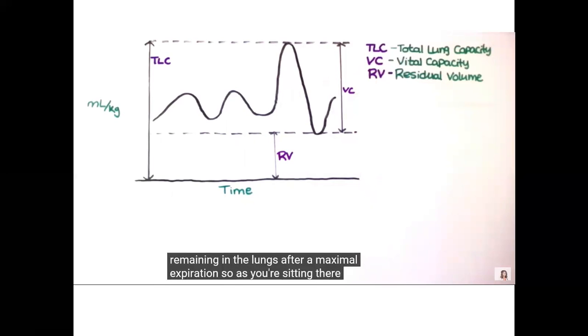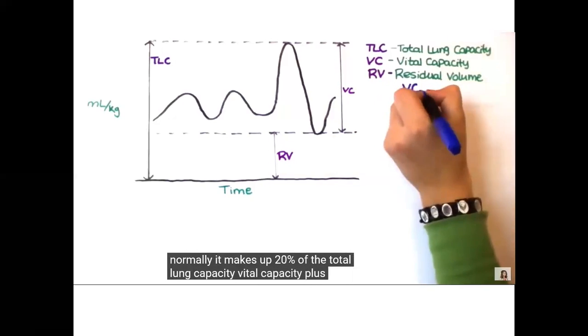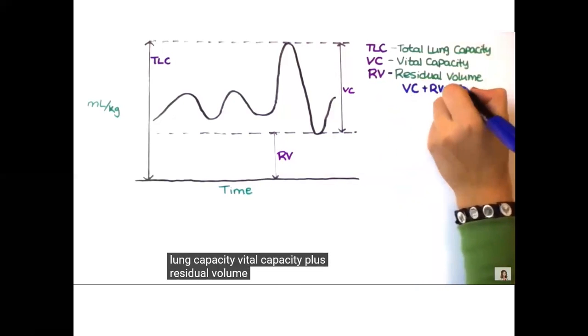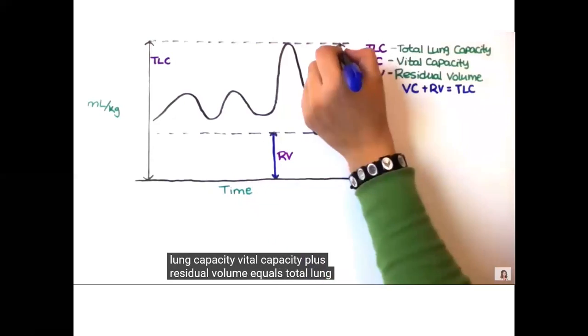So as you're sitting there and you blow all the way out as far as you can, the amount of gas that remains in the lungs is the residual volume. Normally, it makes up 20% of the total lung capacity. Vital capacity plus residual volume equals total lung capacity.